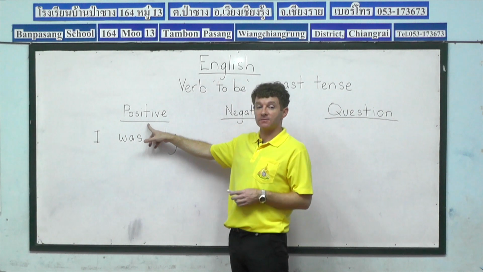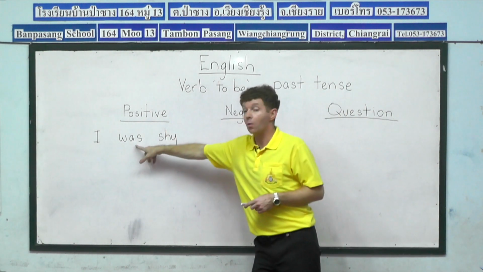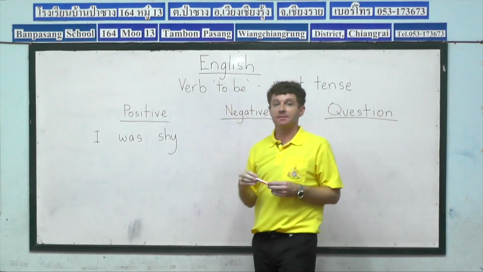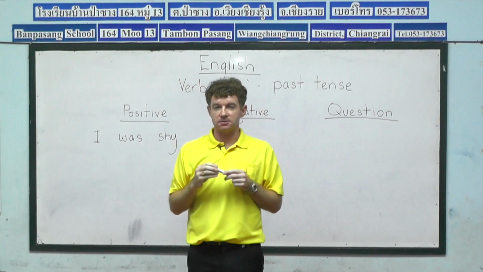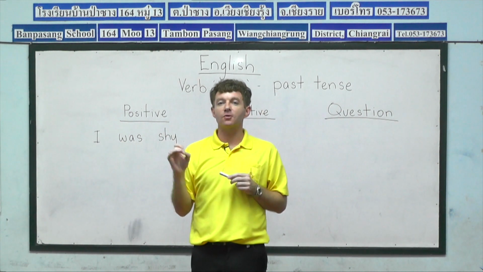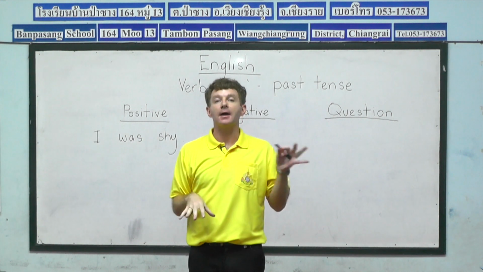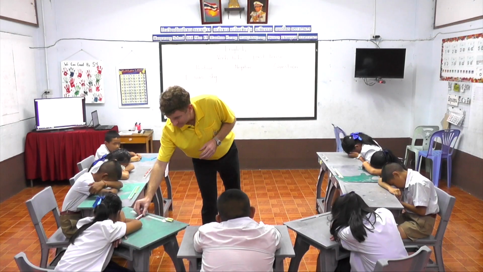Positive statement using verb to be was in the past tense. Now I'll ask my students to close their eyes because somebody has to come forward and change them into the negative and question forms. So let's see who can go.